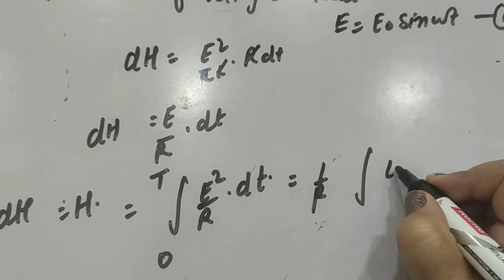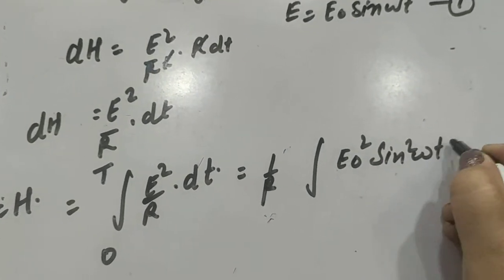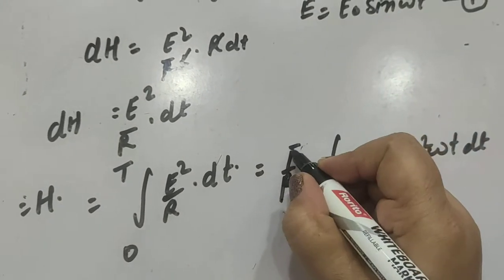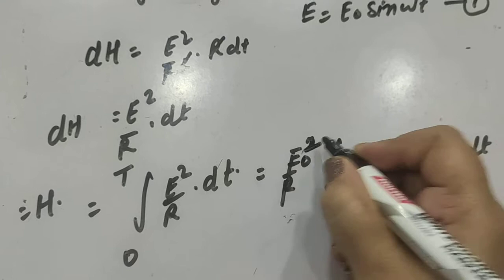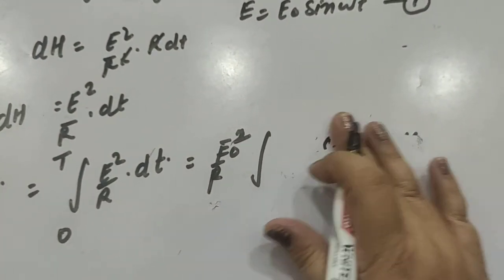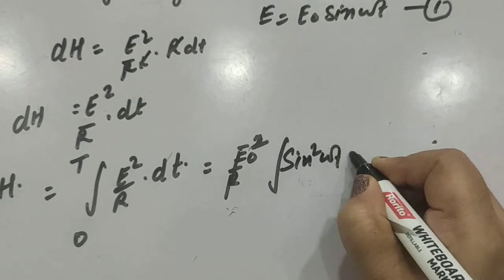So we write E naught square sine square omega t dt. E naught square is a constant, so it is taken out, and we are left with sine square omega t dt.